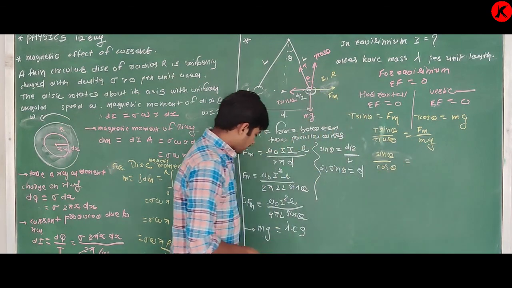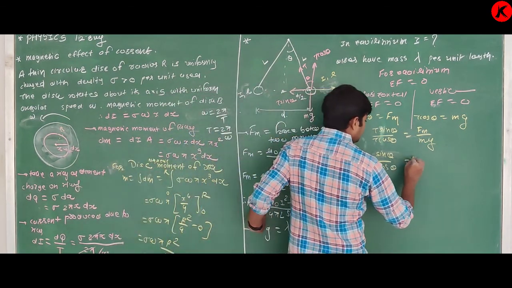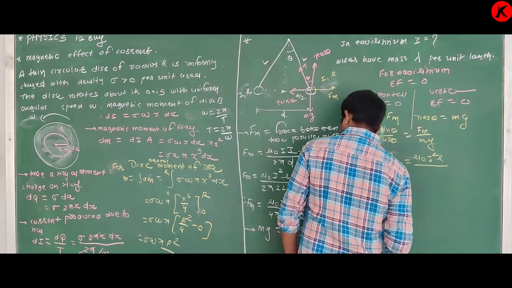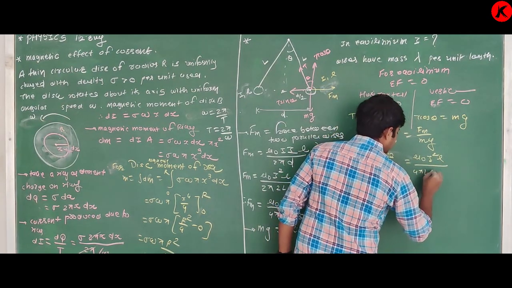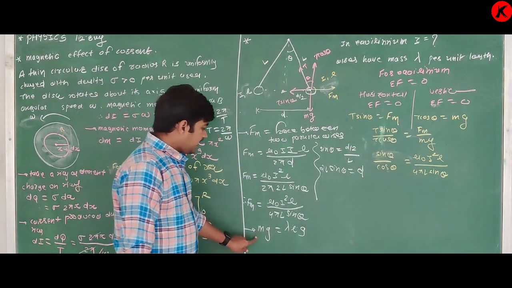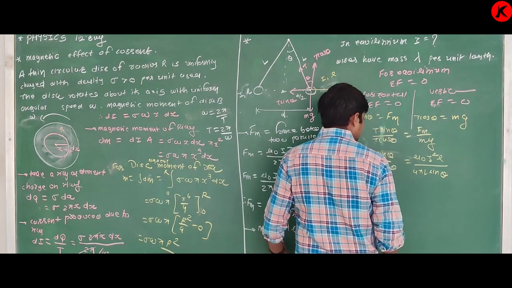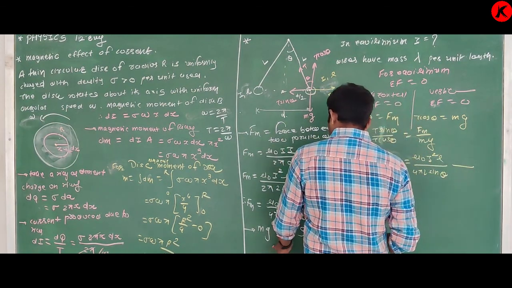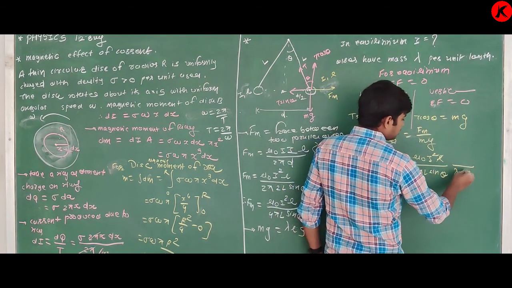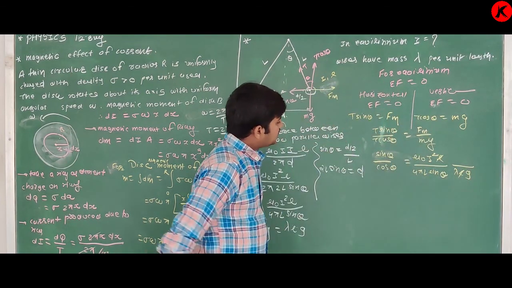So what is the value of Fm? Fm is mu 0 I square l upon 4 pi L sin theta, divided by mg, that is lambda l g. So this l cancels. Anything else?